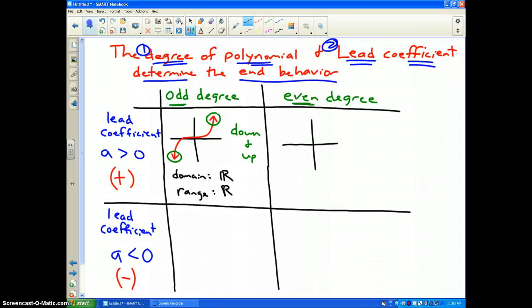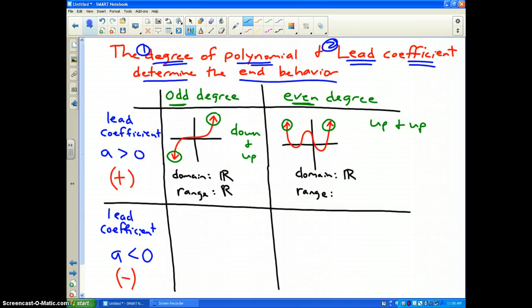If it's an even degree and the lead coefficient is positive, your graph will look something like this. It will be up and up would be its end behavior. And in this particular case, again, the domain will be all real numbers.